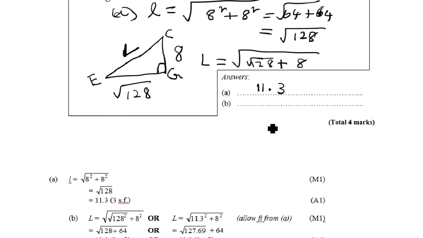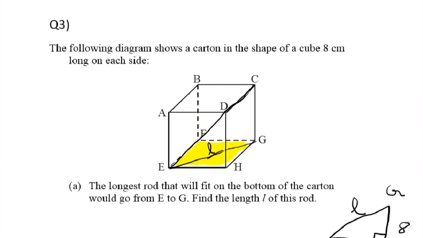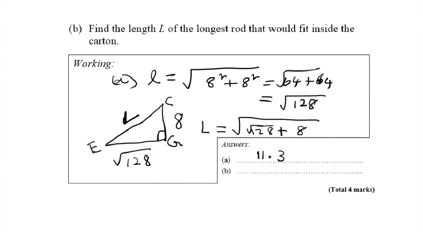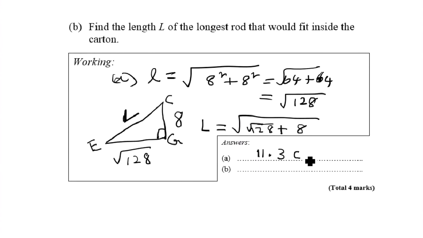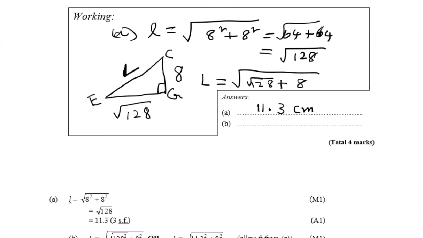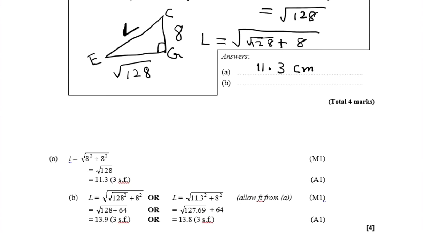And then what are the units here? Centimeters. Don't forget to write down the units. There will be a unit penalty. And the answer to part B, I beg your pardon, I missed mentioning the square.